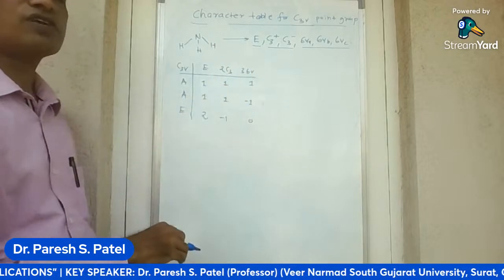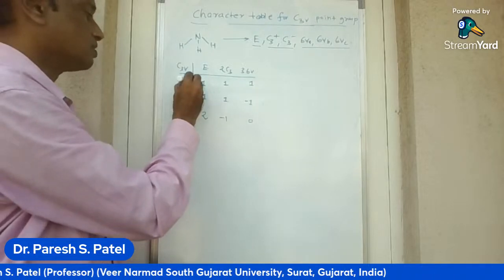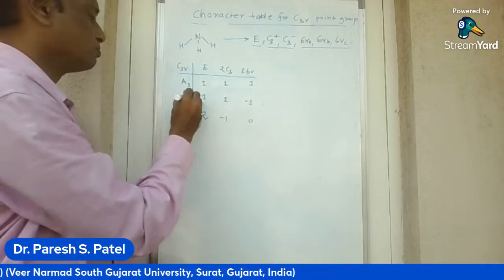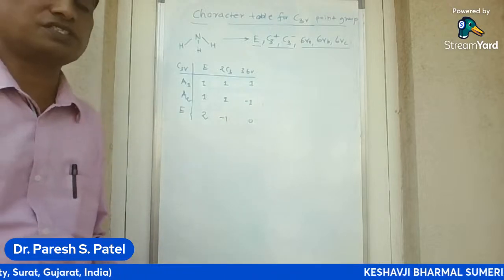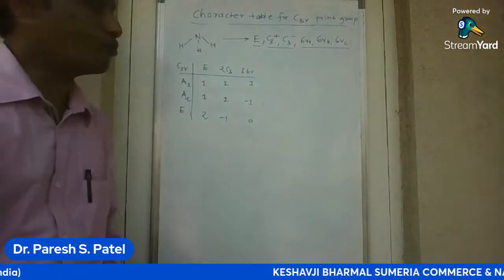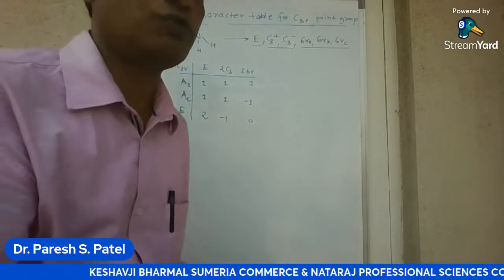Now there is no perpendicular C2 axis in case of the C3V point group. So the character plus 1 means subscript 1, minus 1 means 2, 0 means no subscript. So dear students, this is how to construct the character table for the ammonia molecule, or we can say construct the character table for the C3V point group.